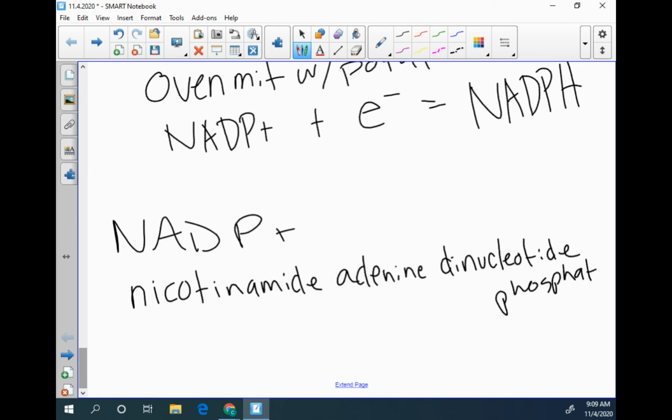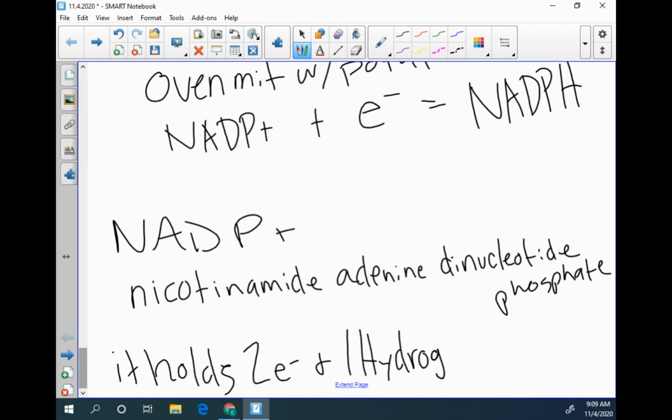You don't have to remember that, but it does stand for something, which is why I figured I'd say it. It holds 2 electrons and a hydrogen. That's where we get the H in NADPH.